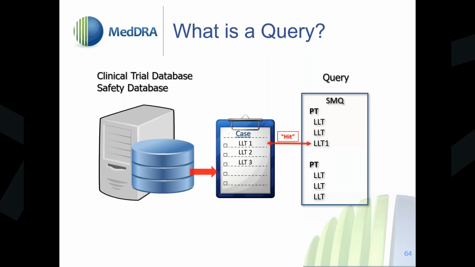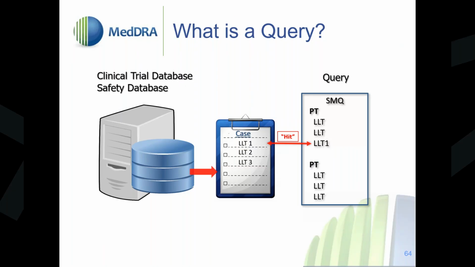I have all of this information in my LLT level in my database, but I want to see if any of them represent my cardiac arrhythmia. So I create a query that collects all of the relevant preferred terms that talk about cardiac arrhythmia, whether they are signs or symptoms, whether they are procedures or ECG findings or lab investigations, anything like that, diagnosis.